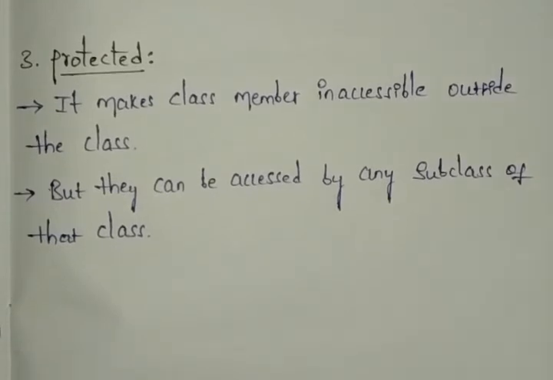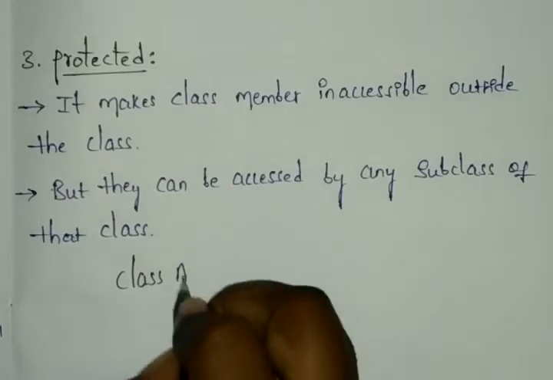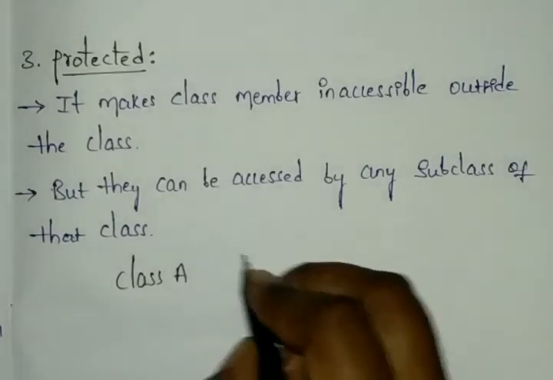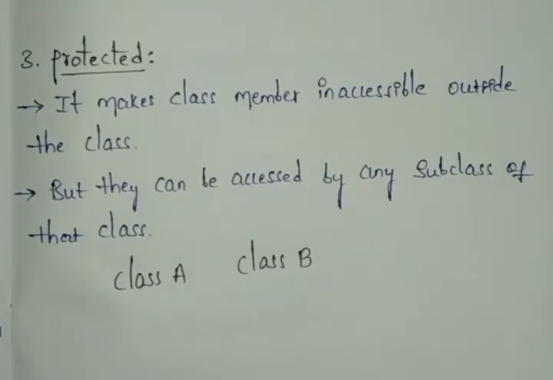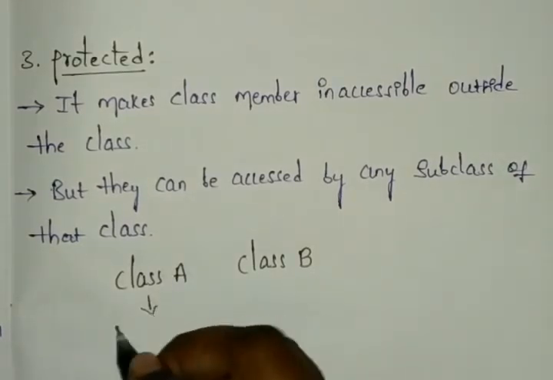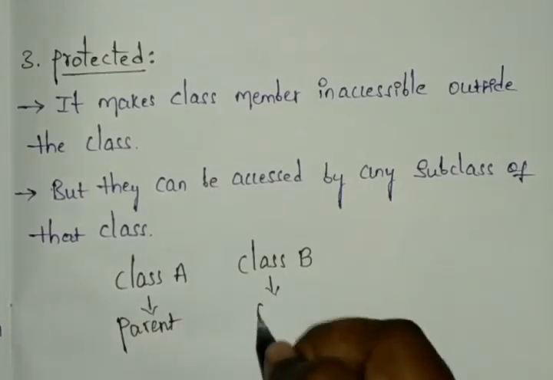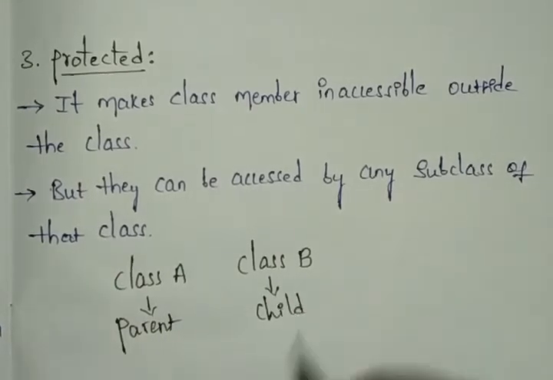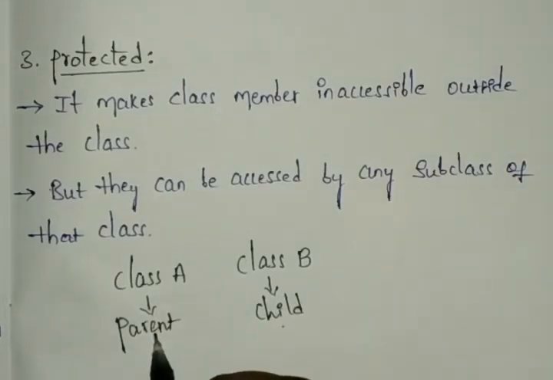Suppose here we have class A, and also class B. Class A is inherited by class B. Now class A is the parent and class B is the child. This child is always depending on class A.